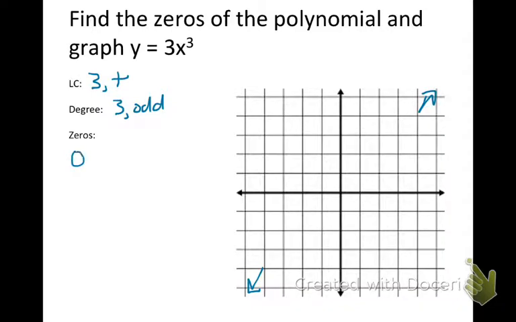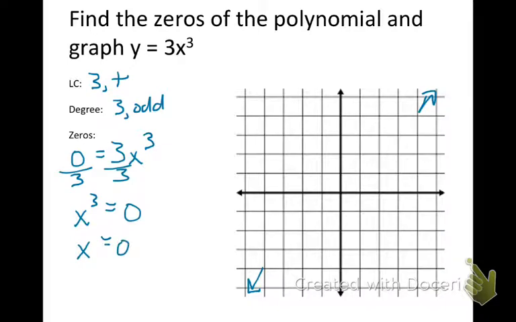Now for the zeros, we're going to set this function equal to 0. We'll divide by 3. X cubed equals 0. And then we ask ourselves, what number can we multiply by itself 3 times to give us 0, and that has to be 0. So that is where it's crossing the x-axis.